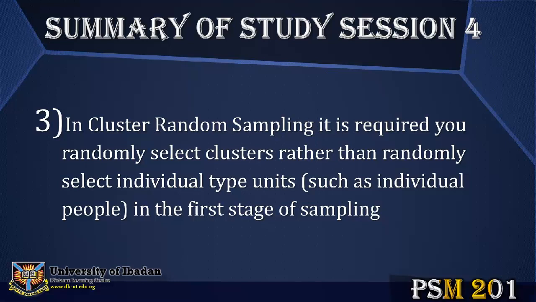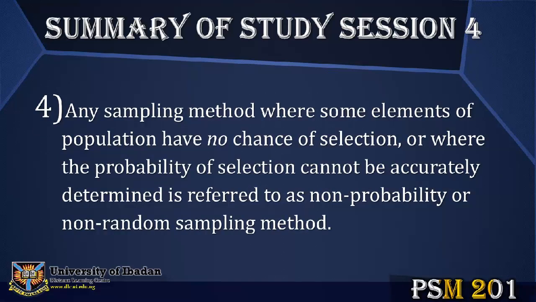In cluster random sampling, you randomly select clusters rather than randomly select individual units, such as individual people, in the first stage of sampling. Any sampling method where some elements of the population have no chance of selection, or where the probability of selection cannot be accurately determined, is referred to as a non-probability or non-random sampling method.